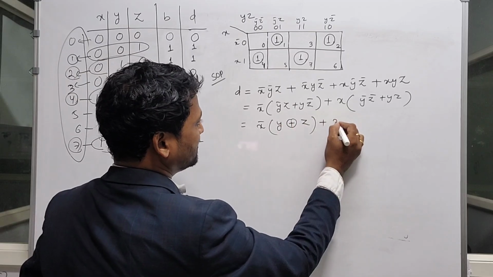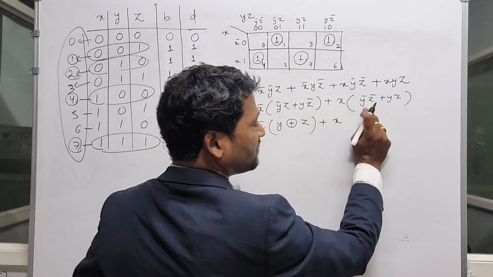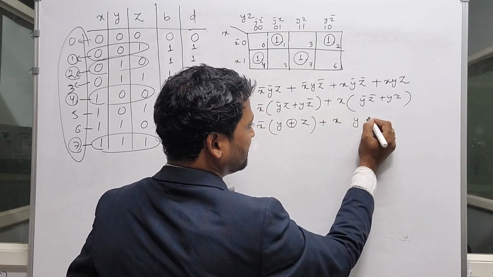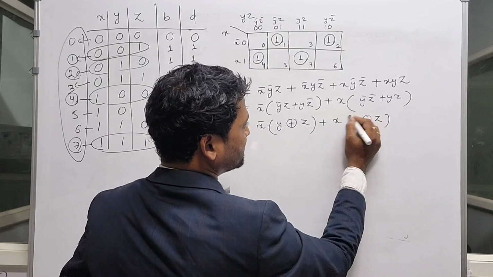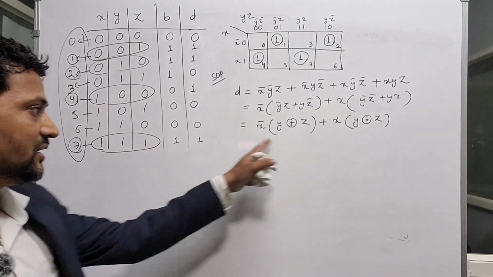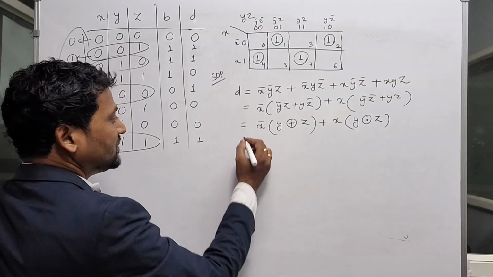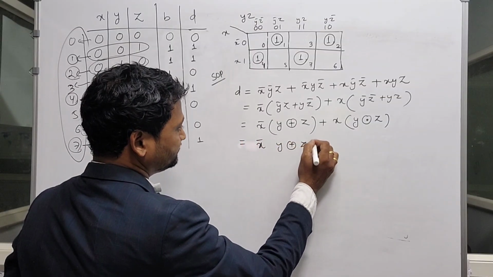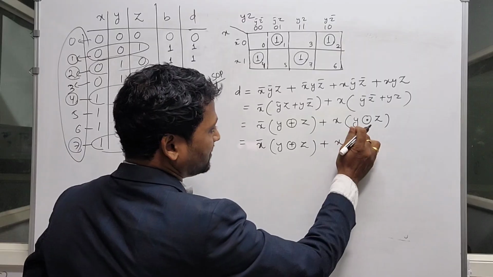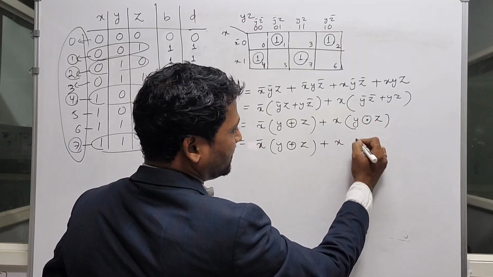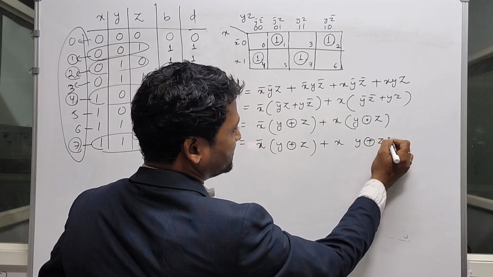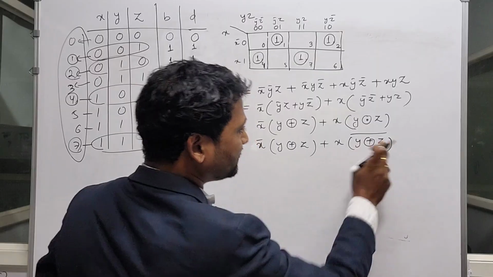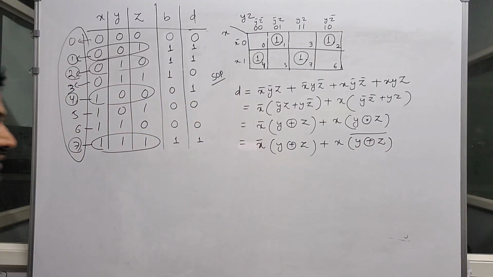Plus x times yz plus y bar z bar, which is the XNOR gate. This is the XOR gate and this is the XNOR gate. So I can write it this way: in place of XNOR I can write bar of y XOR with z.